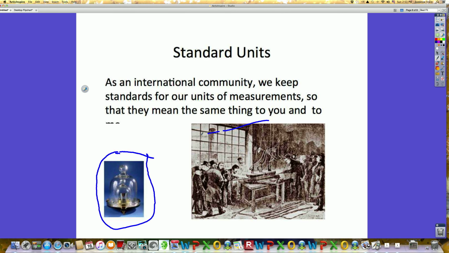Similarly, this picture is when they designated how long a meter was going to be. And I don't know, they were trying to be creative back then. They decided the meter was going to be 1/10,000,000th of the length of the Earth's meridian, so the Earth's longitude, as it goes through, am I saying that correctly? The meridian through Paris, from the North Pole to the equator.